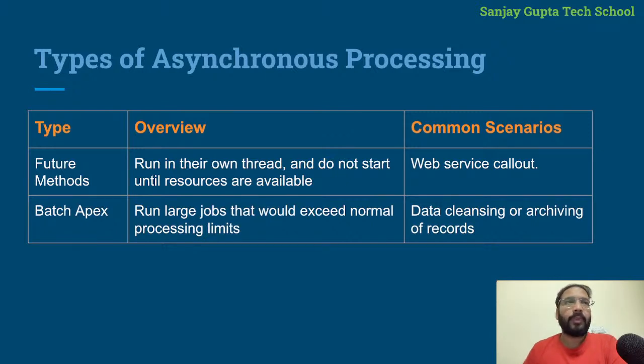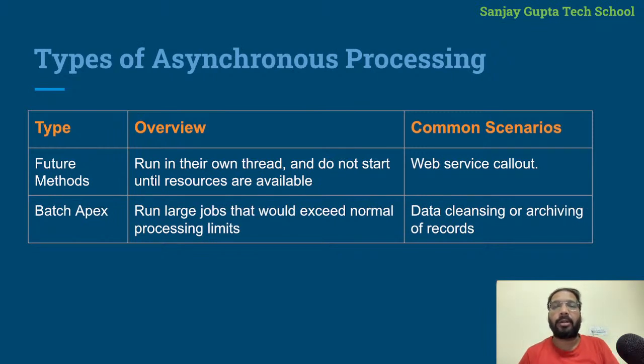Okay. Then we have batch Apex. Batch Apex basically runs large jobs that would exceed normal processing limits. A simple example: if you want to do something on your existing data, for that purpose we need batch Apex. Batch Apex never works on newly created, updated or deleted data.